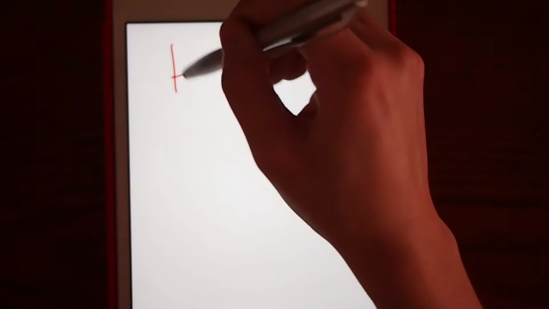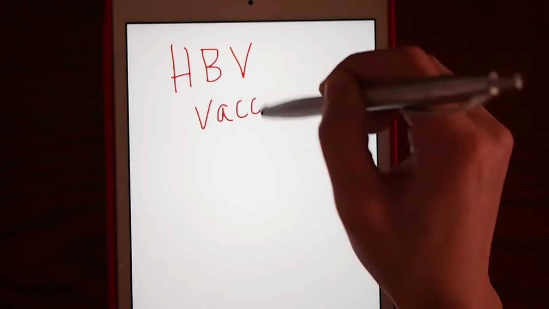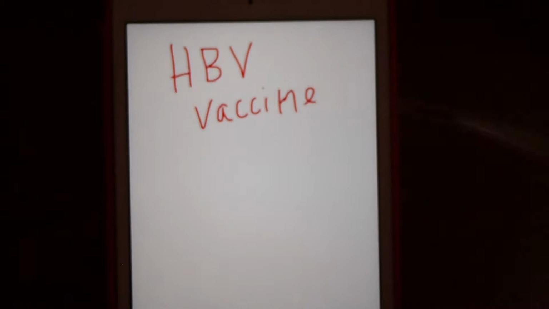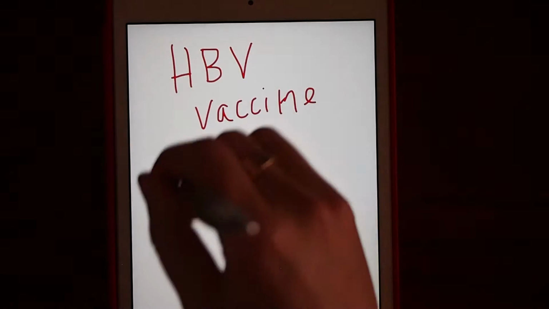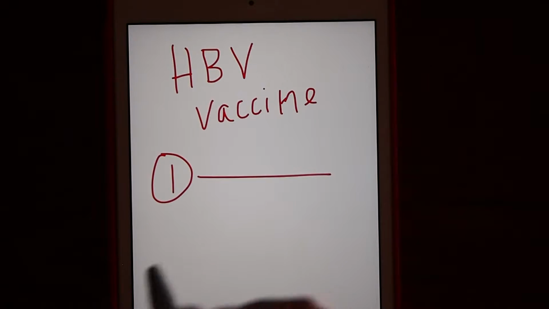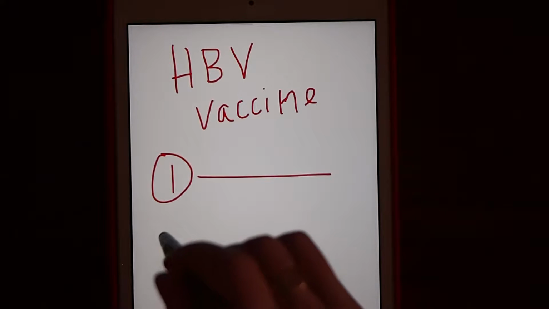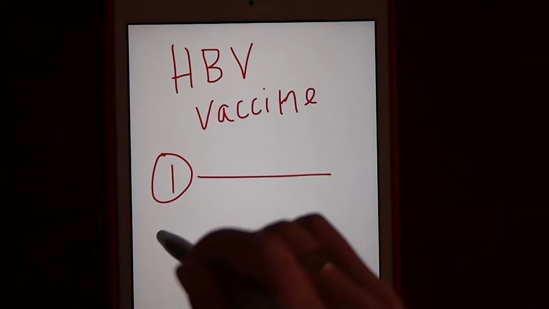There is, as we said before, a hepatitis B virus vaccine, which is important in multiple ways. It prevents transmission, but it also reduces the risk of hepatocellular carcinoma, which is cancer.